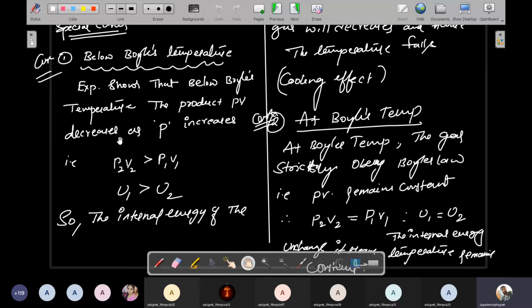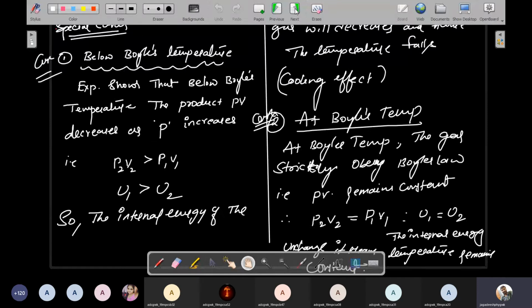The product PV decreases. The pressure and volume product of the chamber decreases as P increases. Even if you increase the pressure, when it is multiplied with the volume of that gas, the product of pressure and volume decreases. In this situation, the system shows a cooling effect because an internal energy difference is created.